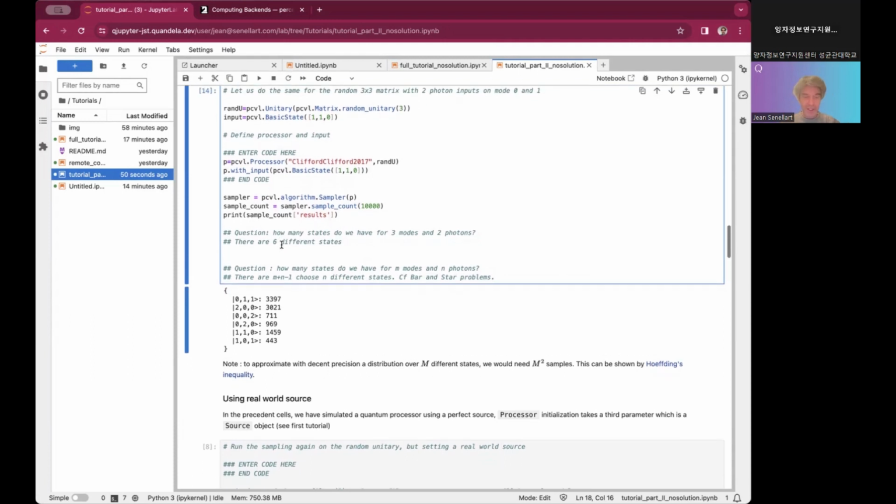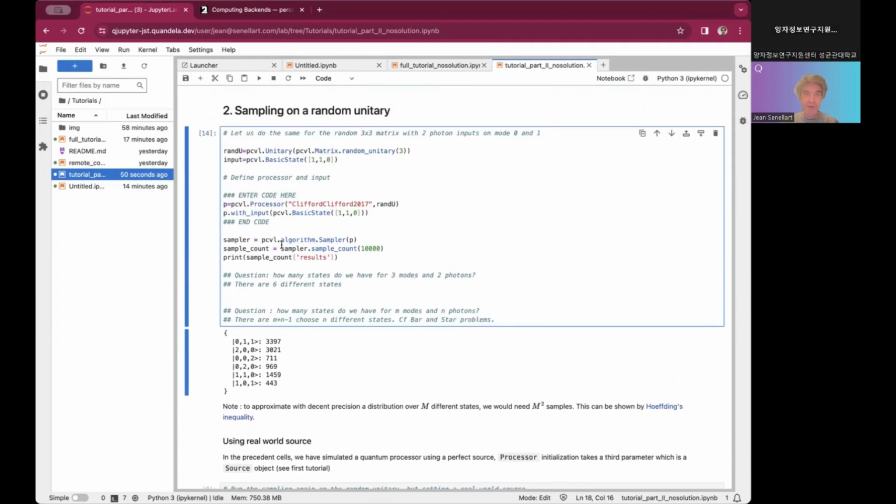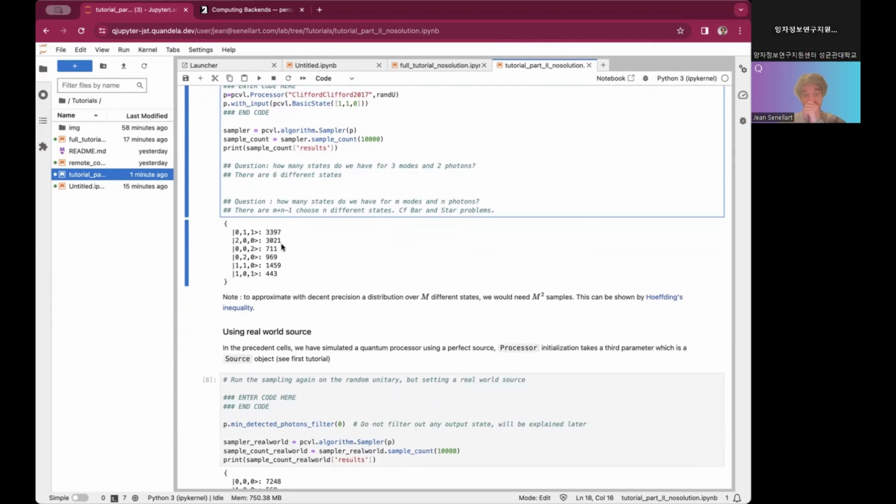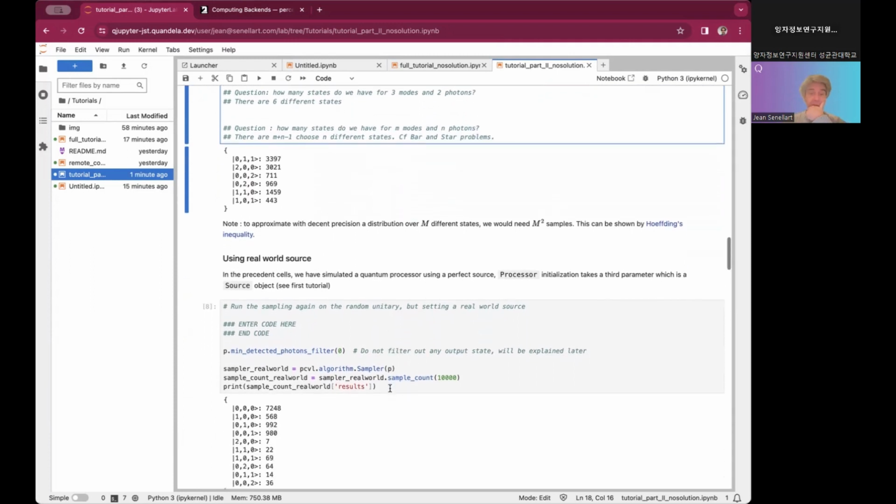Nothing different, but the interesting thing here is that we can say, okay, I would like to do the same with a real source. So I would like you to do the same as we did yesterday. We define a source object as in the previous tutorial, and then we run the same circuit with the imperfect source, what I'm calling a real-world source, and we look at the result we get there.